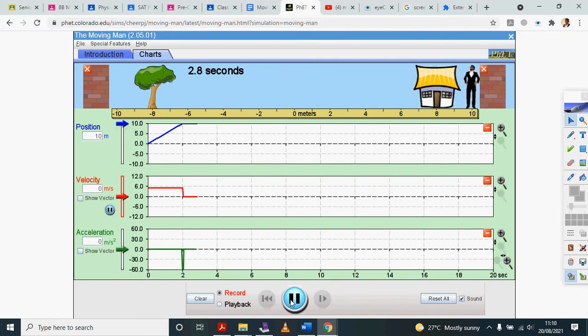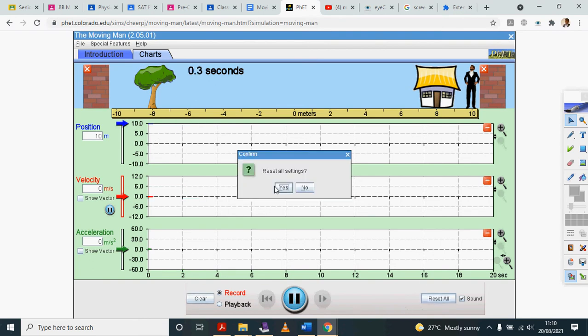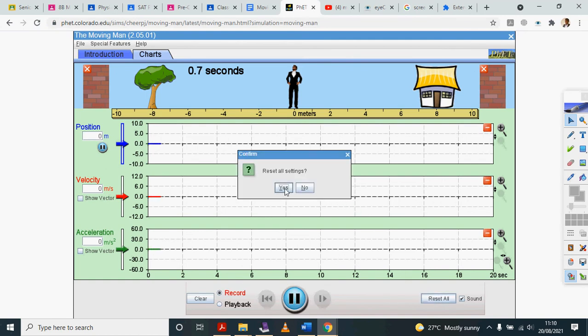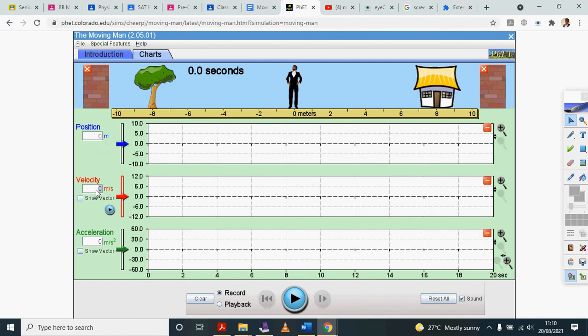So each time try to pause it just before he hits the wall, such that you have a good graph. So let me just try that again. 0 and 5 meters per second. You can just click on this side here to set any speed that you want. So 5 meters per second, if I let him move and then pause him just before he hits the wall.